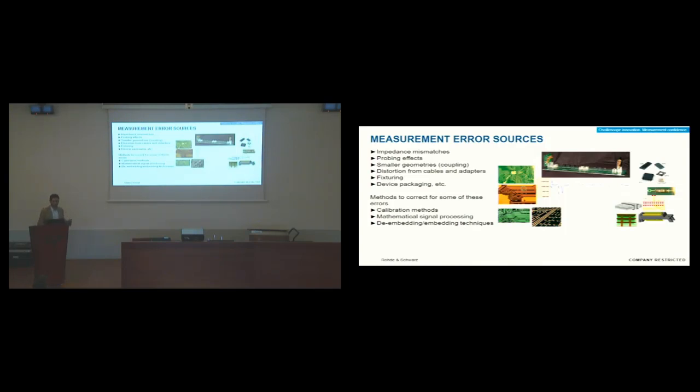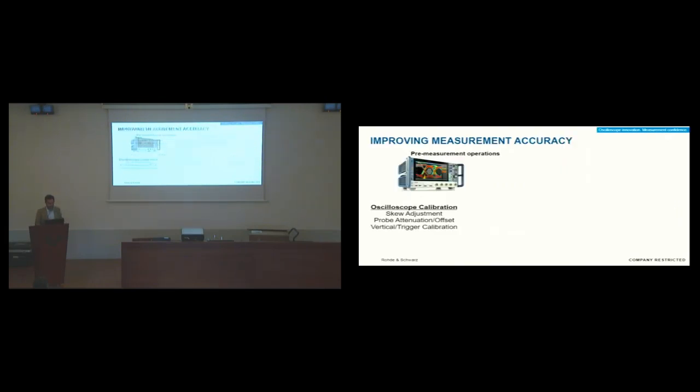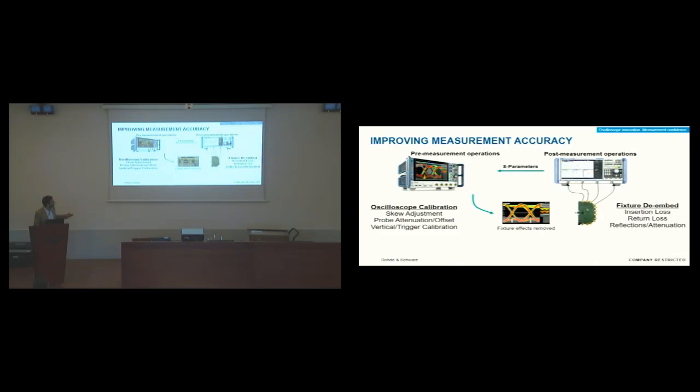So how does de-embedding work? We have our measurement in our scope with our degraded signal. We need to go back before the measurement and make some calculations on the elements that are in the chain of the transmission, fixture, cable.